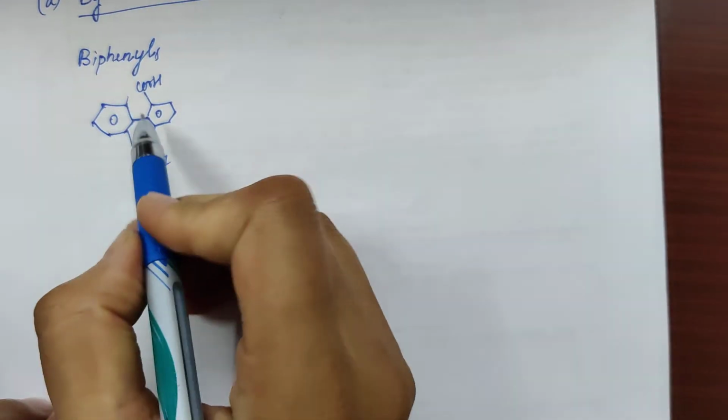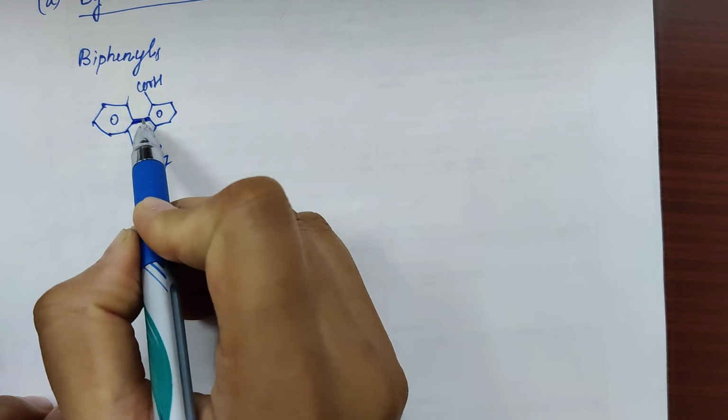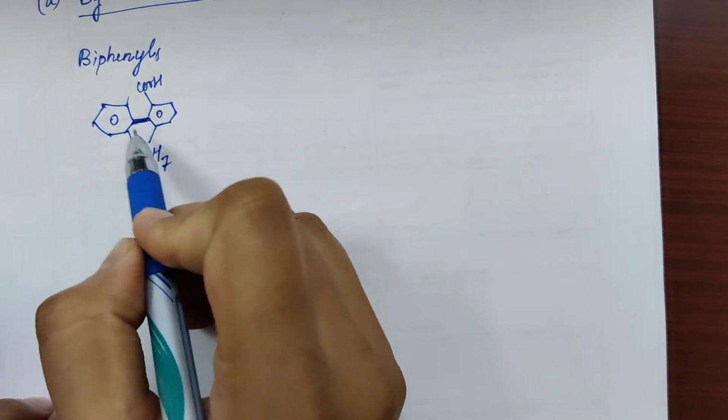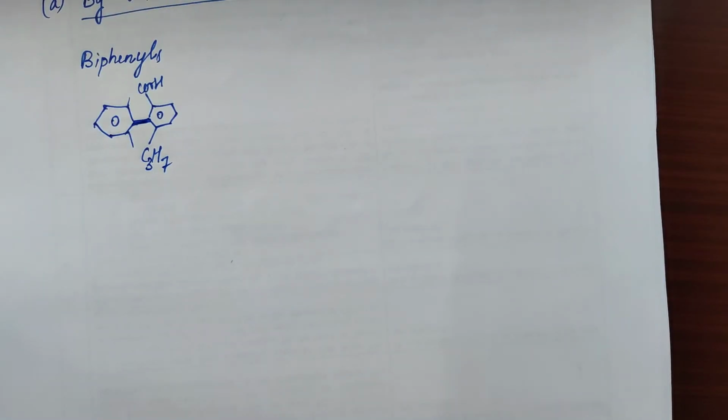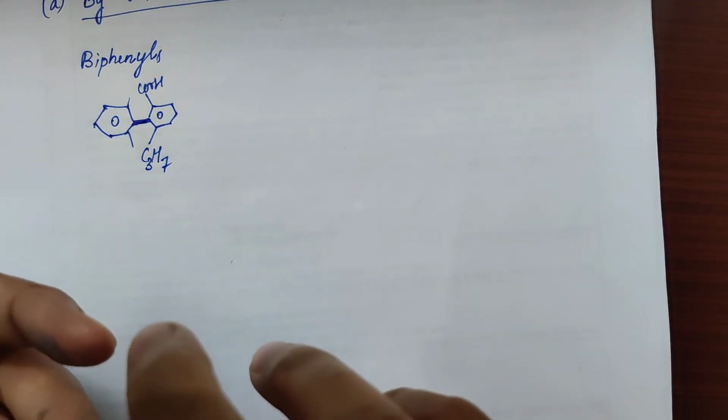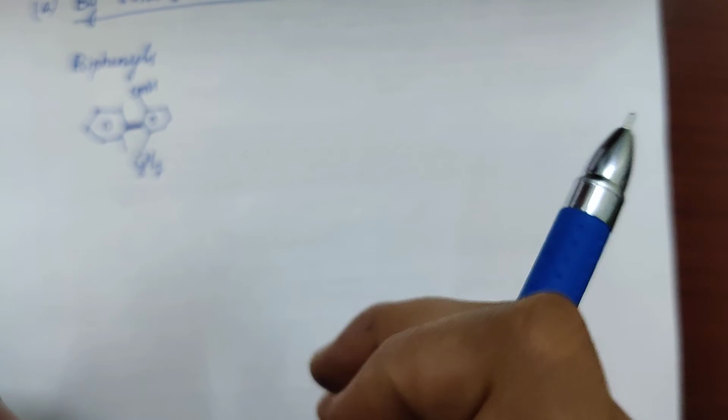Okay, so if you provide enough thermal energy, आप उसमें heating करते हैं, तो what happens, this energy barrier of rotation around this single bond is achieved, and the compound rotates, वो flip कर जाता है.